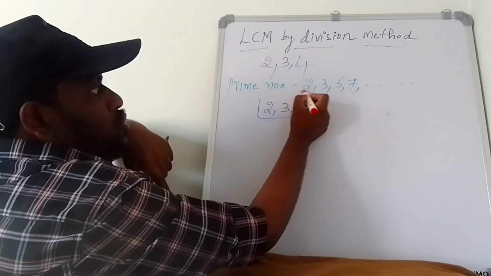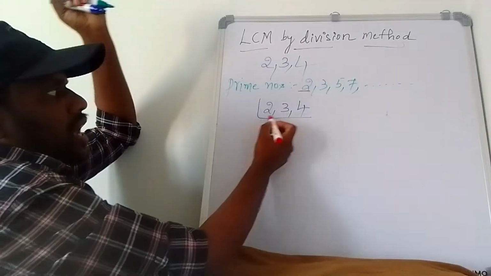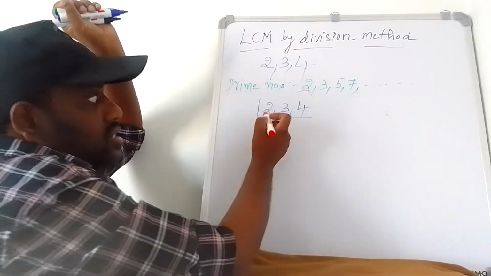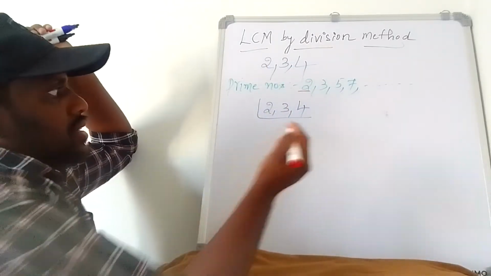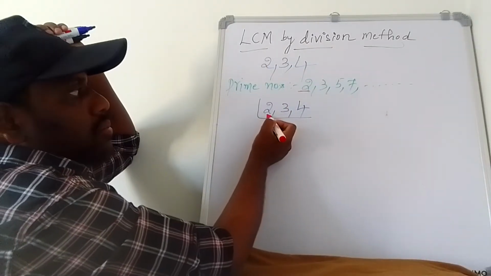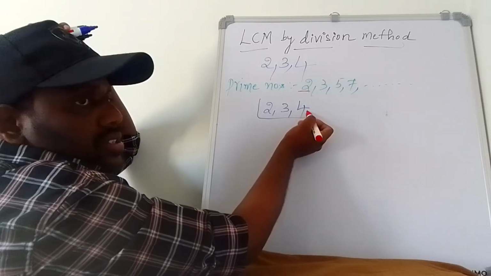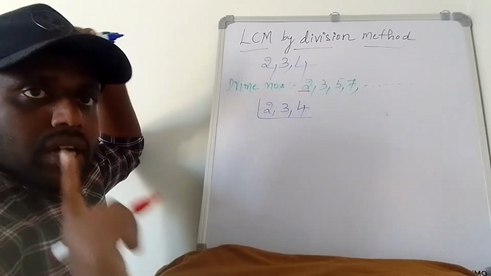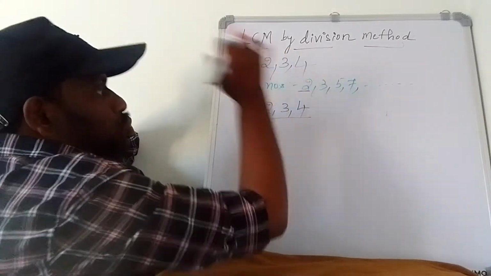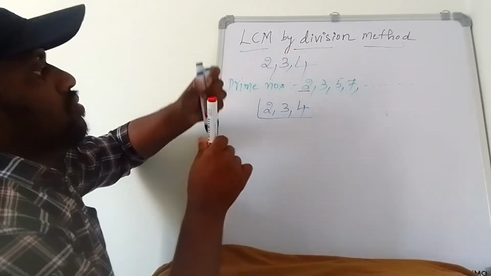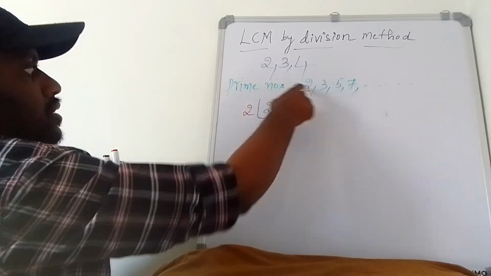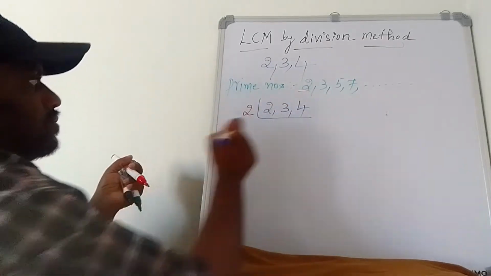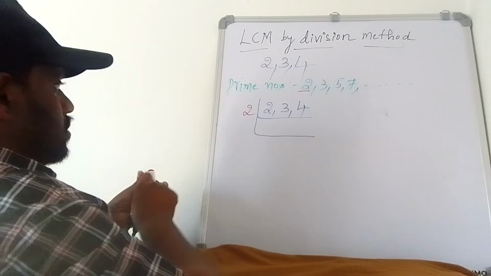So consider the first prime number. Check whether at least one of the given numbers can be divided by this 2 completely. Yes, see, this 2 can be divided completely. There is another number also that can be divided by this 2. So I am taking this 2 here.